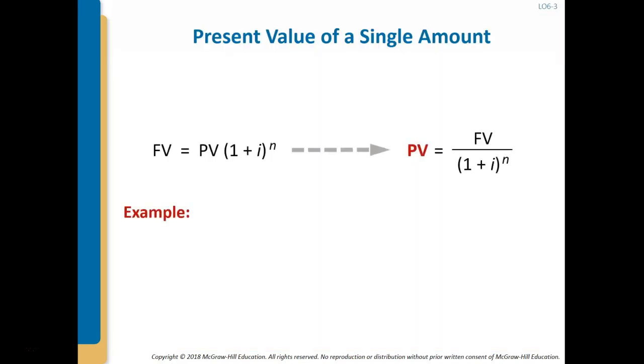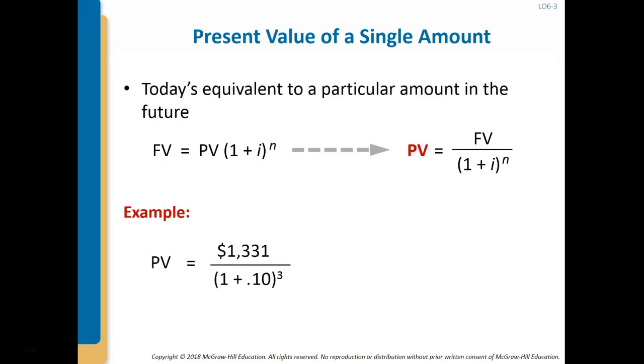So the example used to illustrate future value shows that $1,000 invested today is equivalent to $1,100 received after 1 year, $1,210 received after 2 years, and $1,331 after 3 years, assuming a 10% interest compounded annually.